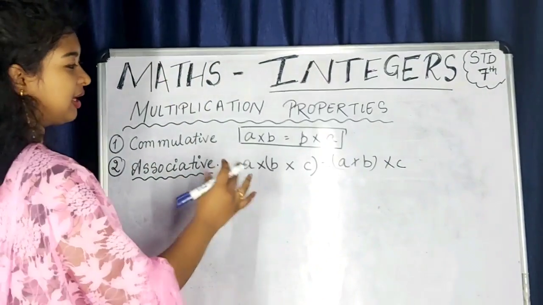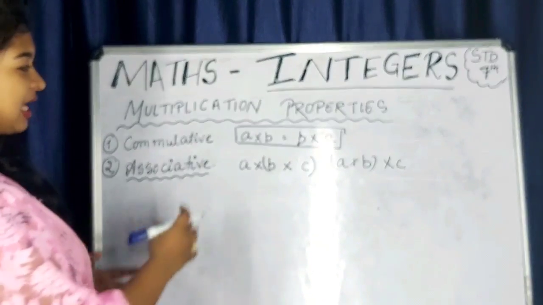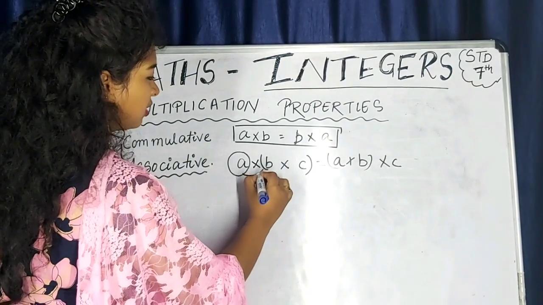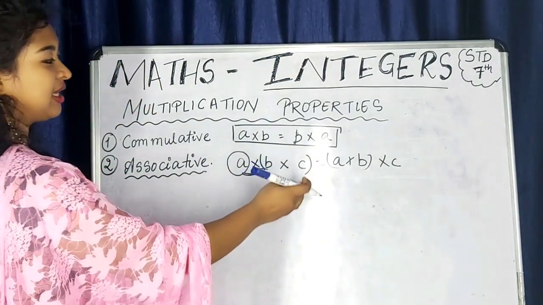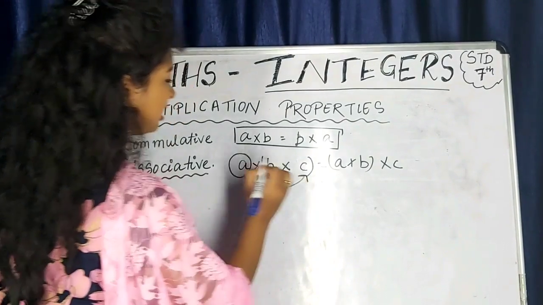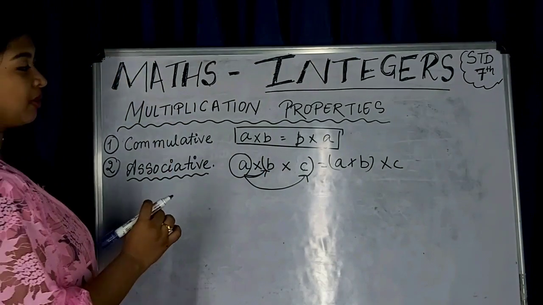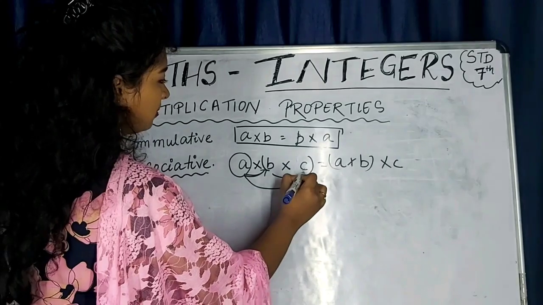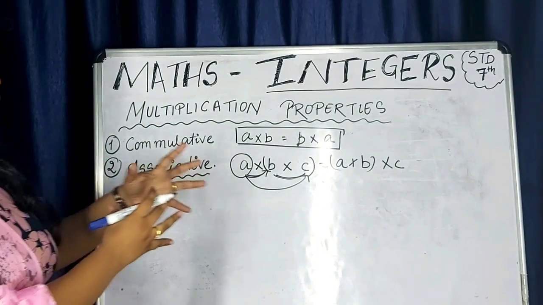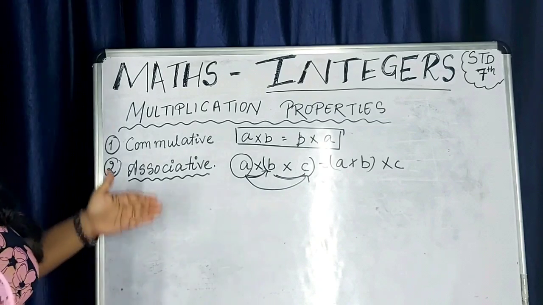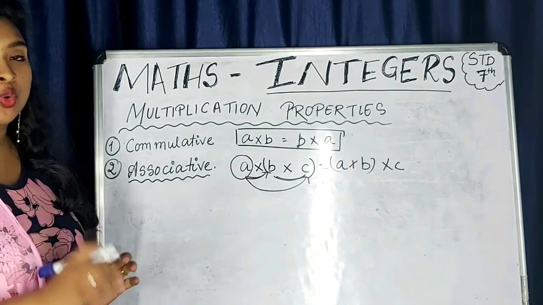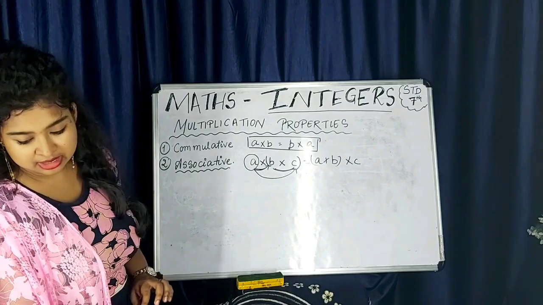As I told you, the numbers can be paired up. For example, A can be multiplied with B and then multiplied with C. A can multiply with C and then with B. B can multiply with C and then with A. So we can pair up any two numbers and multiply with the third number, and we are going to get the same number.